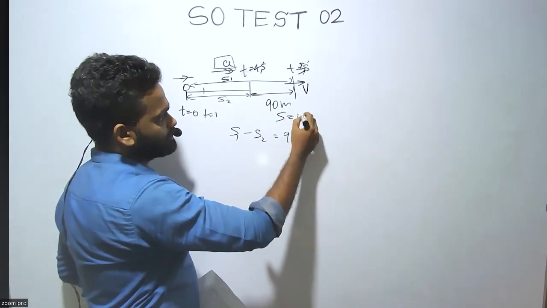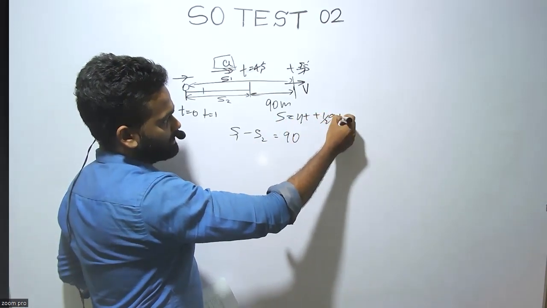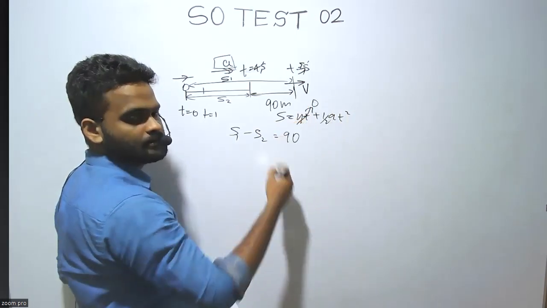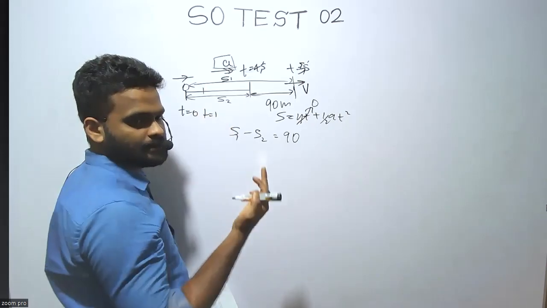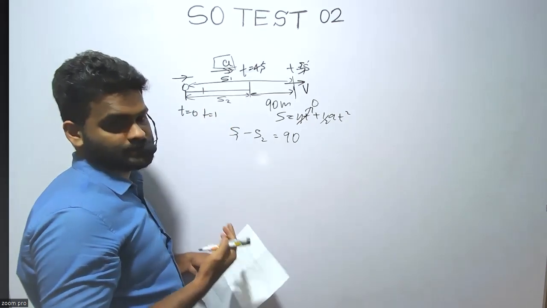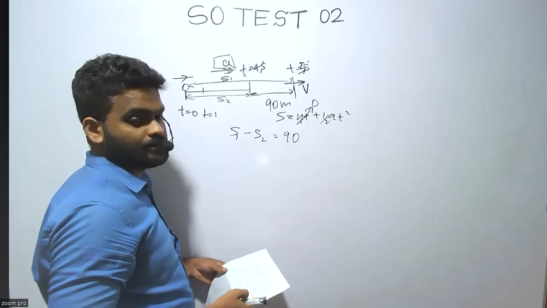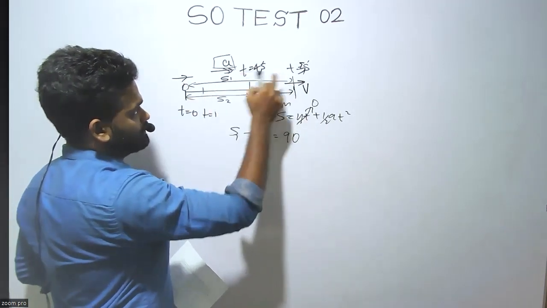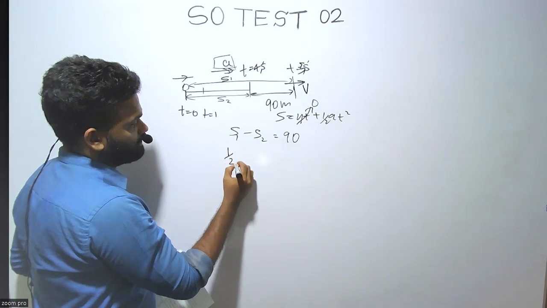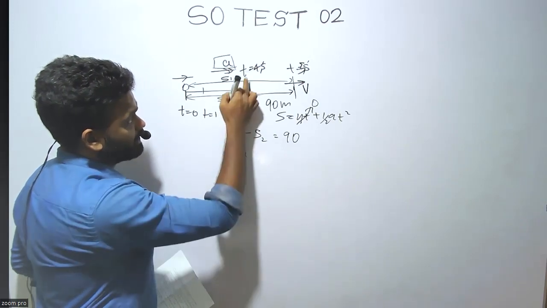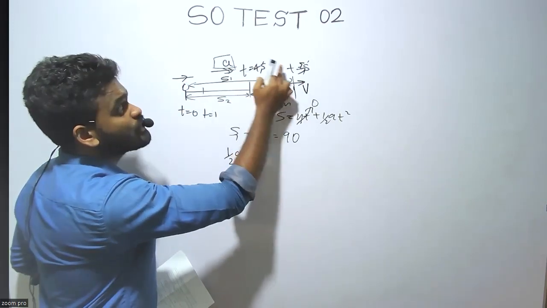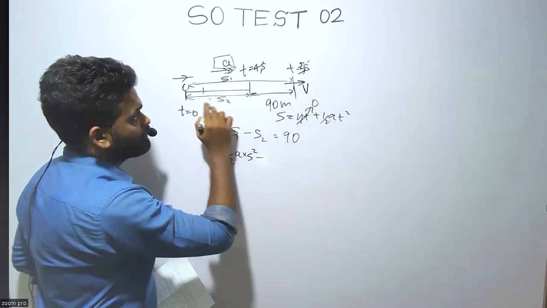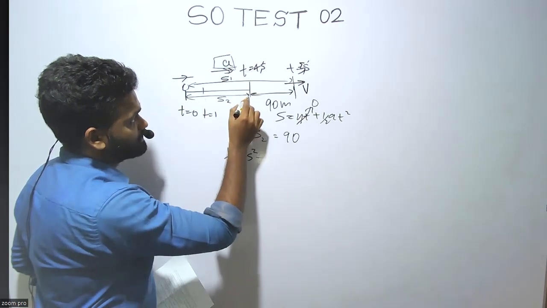The equation you have to use is this one because there's acceleration. ut is 0 because it starts at 0. So for s1, what do you have? Half acceleration a, time from here to here is 5 seconds. From here to here, time is 4 seconds.